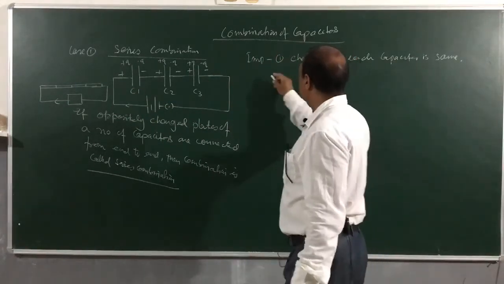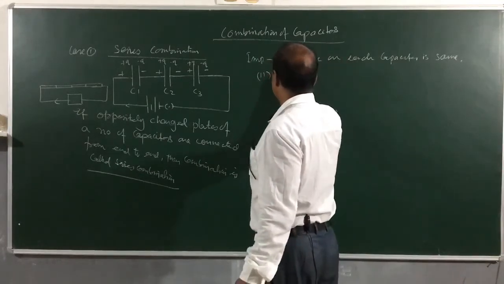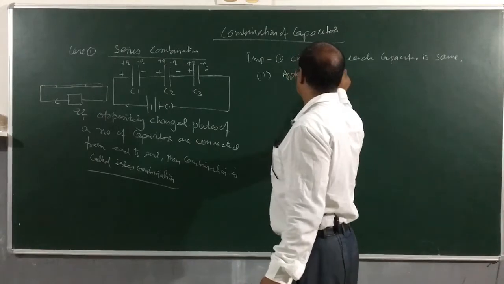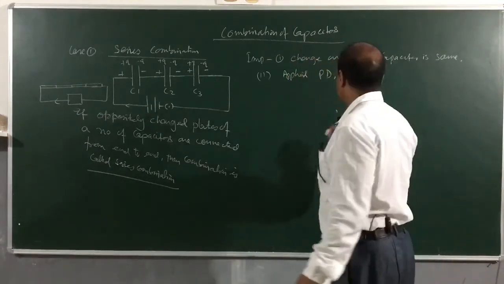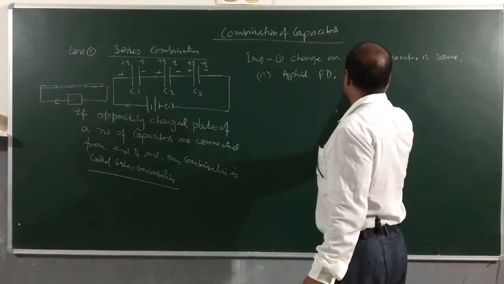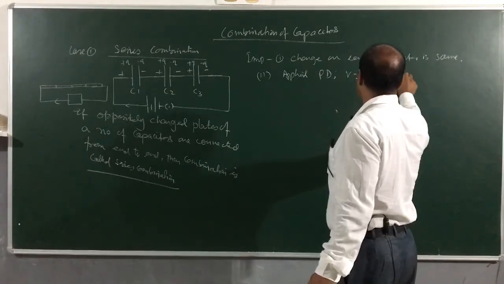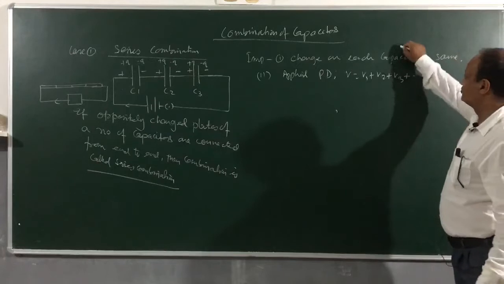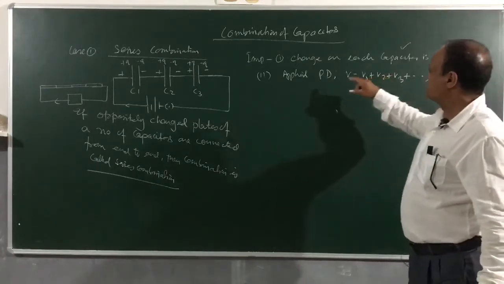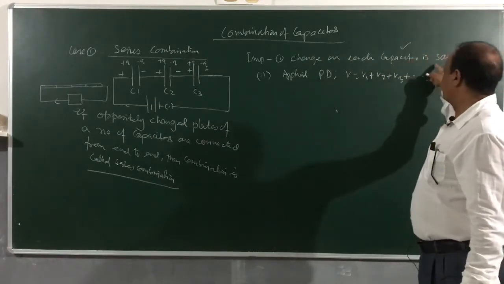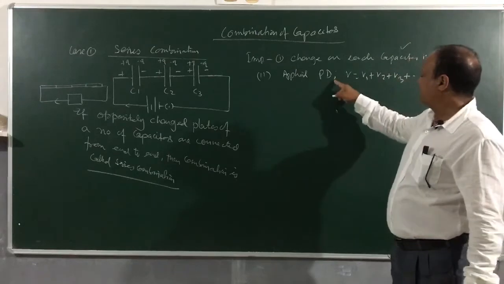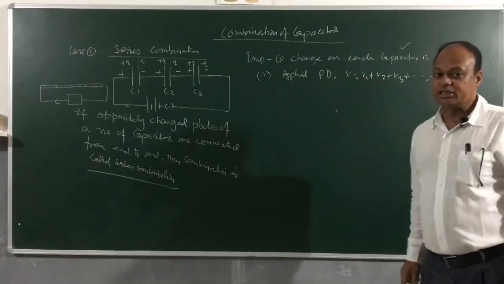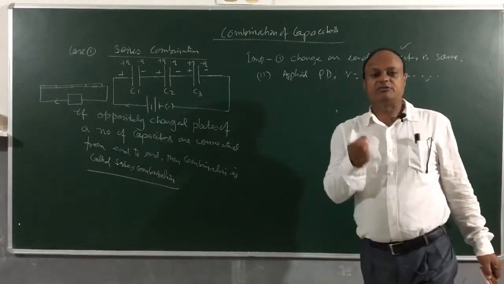So number two, applied PD, PD meaning potential difference, V is equal to V1 plus V2 plus V3, and it will just go on depending on how many capacitors you have. So these will be technical points. In series combination, charge on each capacitor is the same, and the applied potential difference is equal to the sum of the potential differences across the individual capacitors.